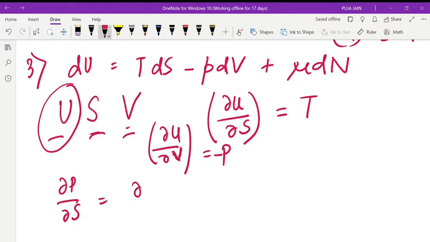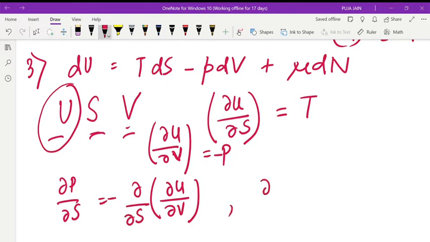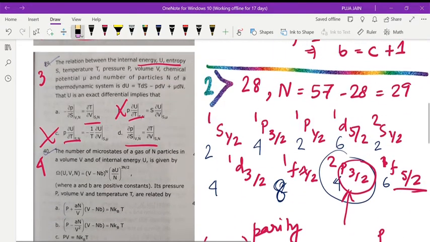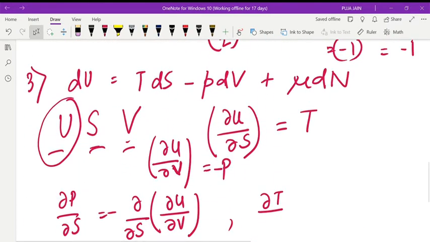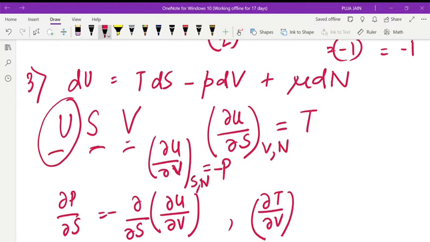Del of del U del V with a minus sign, del del S, and del T, let's go back again, let's see, del T del V. Okay, so del T del V. Now these are obviously at constant V and N, and this is at constant S and N. So del T del V will be what?